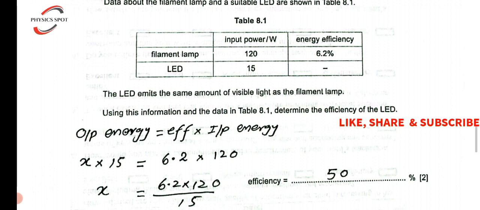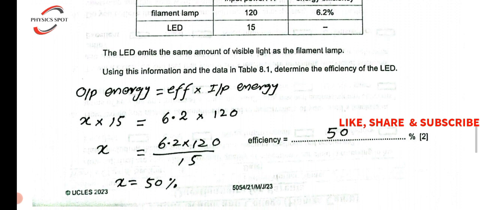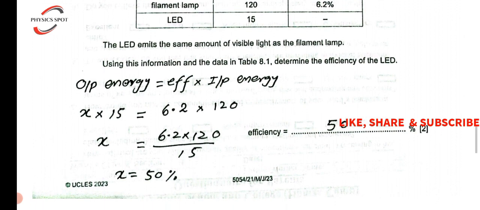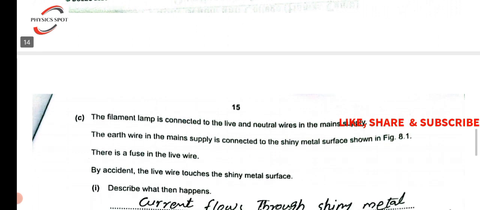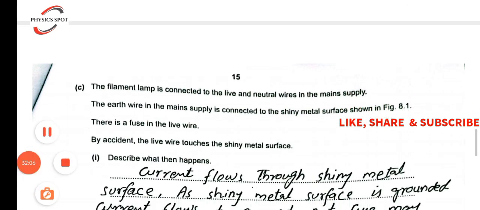Output energy is x multiplied by 15, where x is the energy efficiency that we have to find. This is equal to the efficiency of the filament lamp, 6.2, multiplied by the input energy, 120. So we get x value 50%, so efficiency will be 50%.